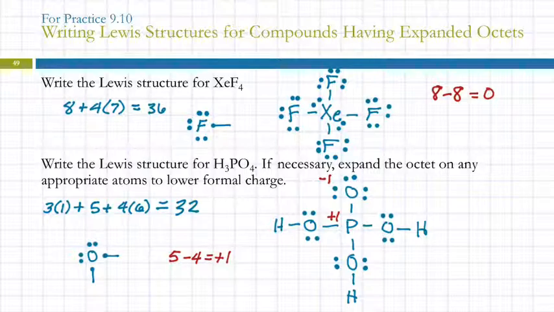It's in period 3. It can do that. So what we can do is expand the octet and take a lone pair from this oxygen who has a little too many electrons and share with this phosphorus that doesn't quite have enough. So we'll take that one off and make it a double bond.